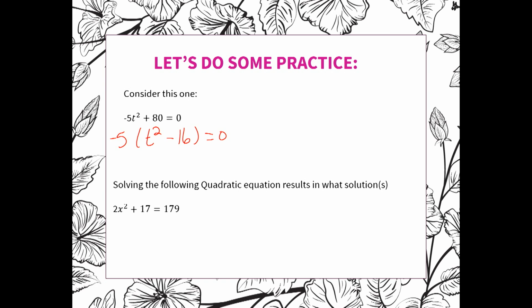Now look what we have in our parentheses. T squared minus 16 is what? You're right. Perfect squares. So I have a t and a t, a plus 4, a minus 4. So now that it equals 0, I need to know to keep on going. So I make each one of these equal to 0. So I have negative 5 equals 0. There's no way. T plus 4 equals 0.